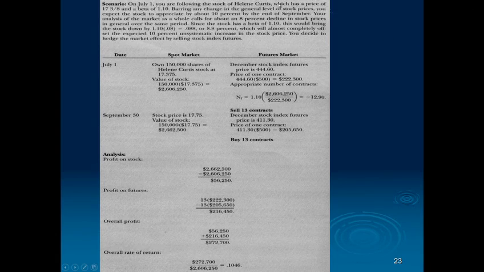So, if the beta of the stock is 1.1, and you expect the market to go down by 8%, then that implies that the stock should also go down by how much? Well, 1.1 times 8%. It should go down by 8.8%.